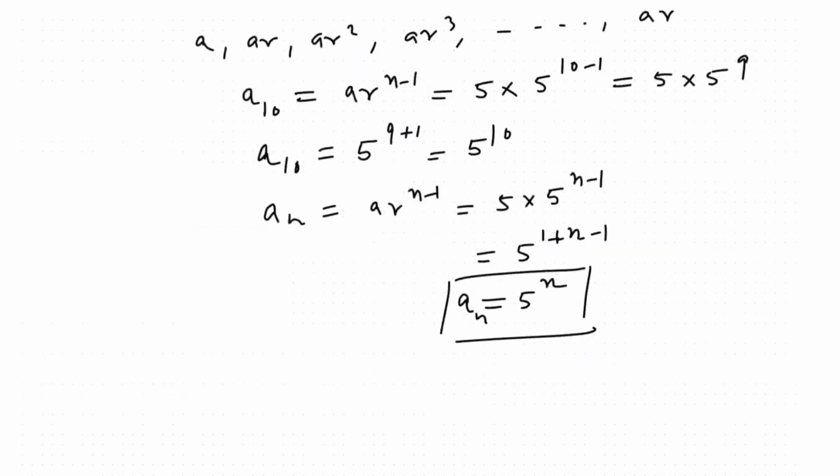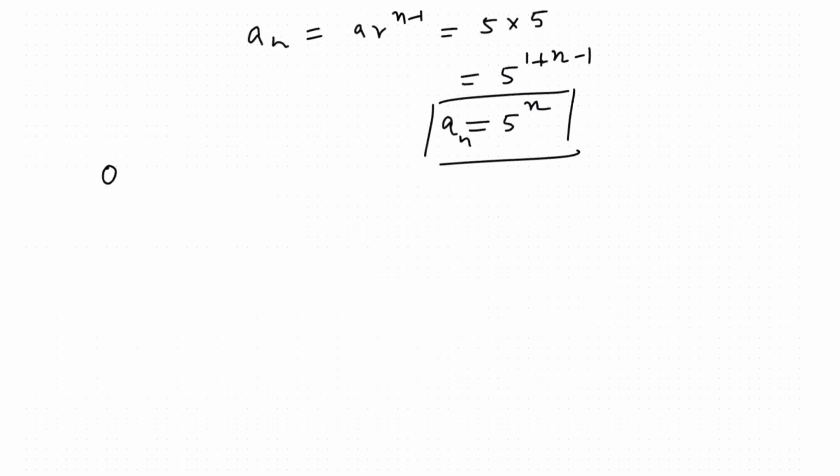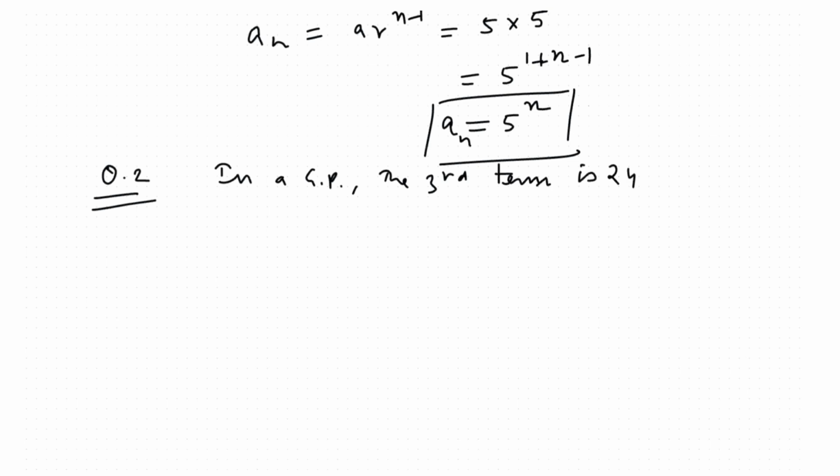Question number 2. In a GP, the third term is 24 and the sixth term is 192.